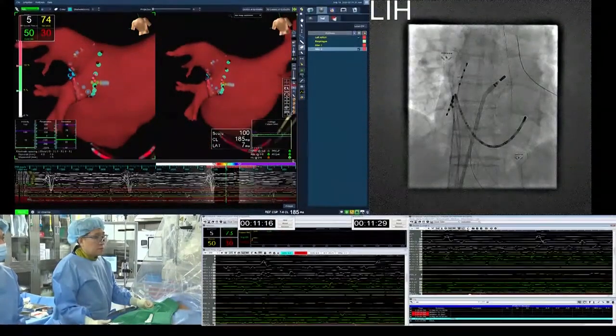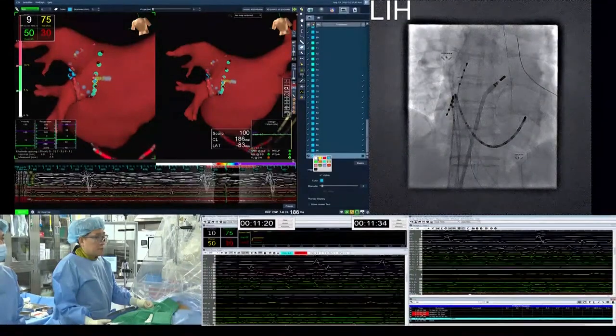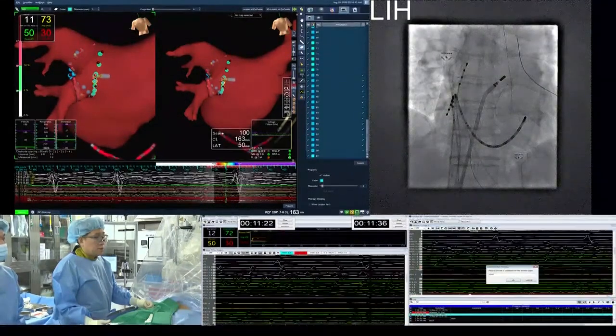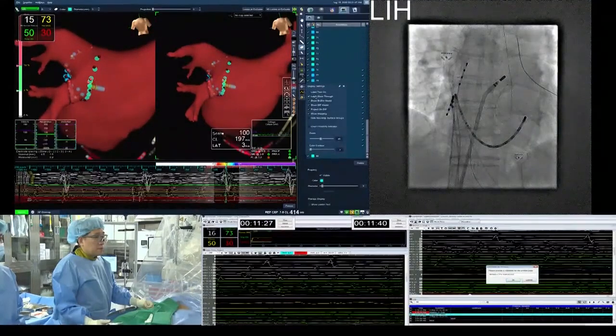Let's move back to the posterior aspect of the left side antrum again, and ablate while monitoring the esophageal temperature.